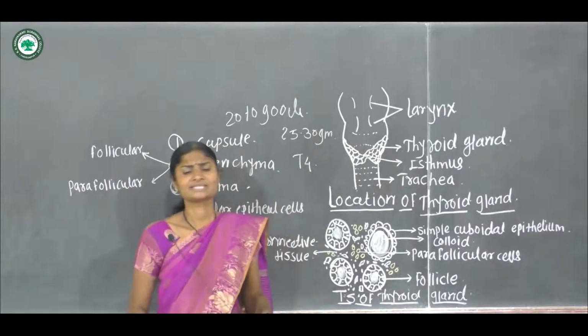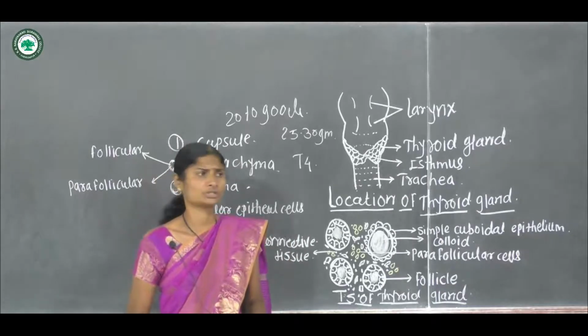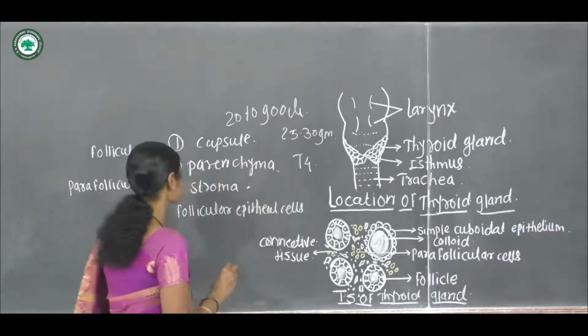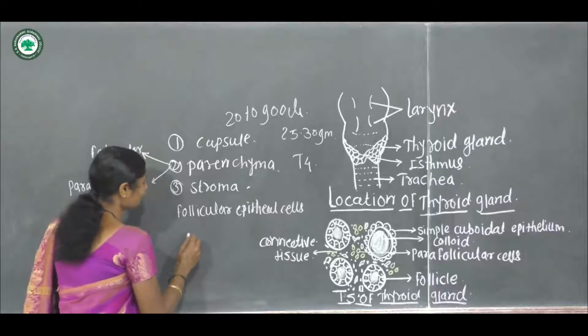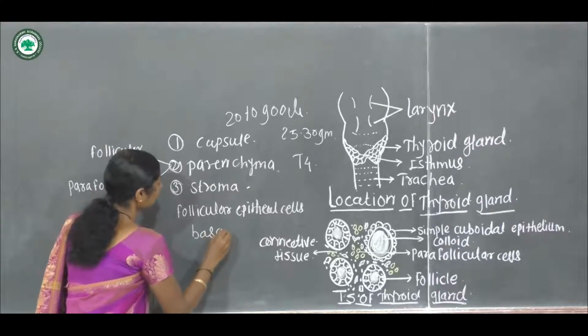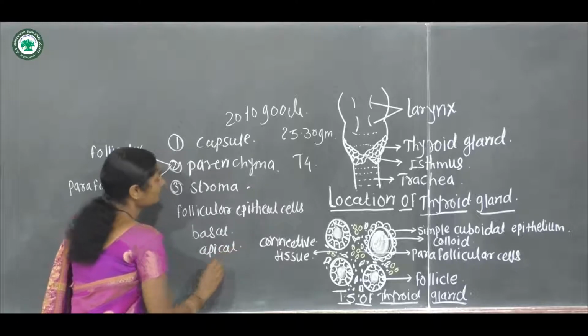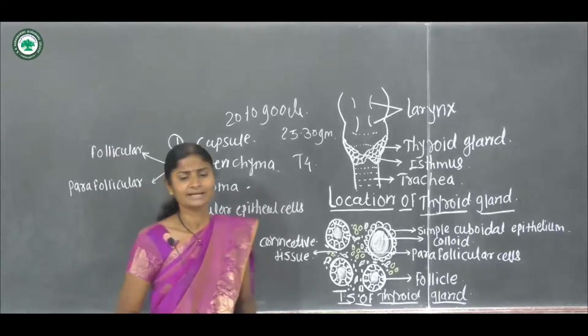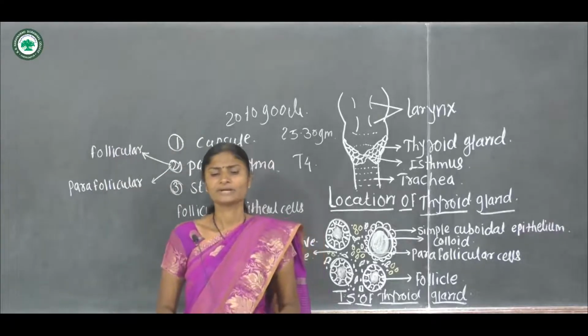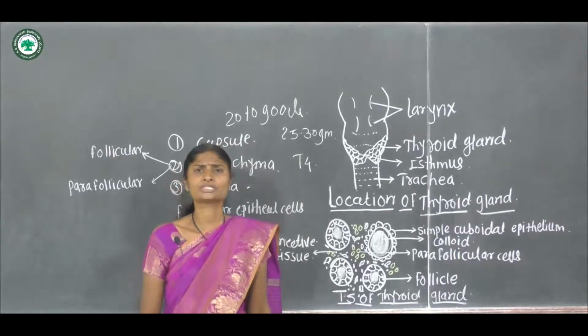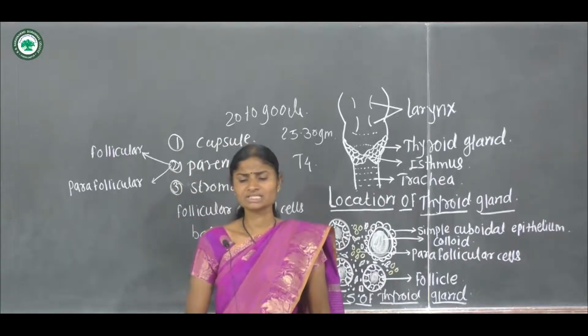These cells have two portions, basal and apical. The basal portion rests on the basement membrane, and the apical end faces towards the follicular cavity.